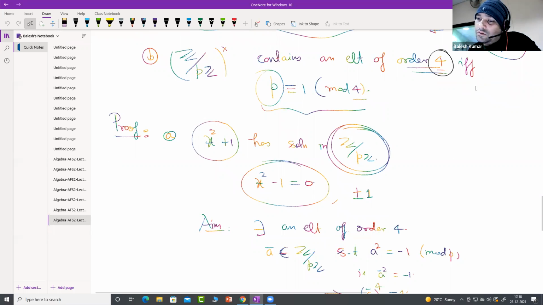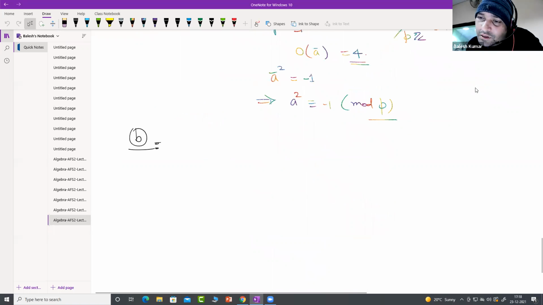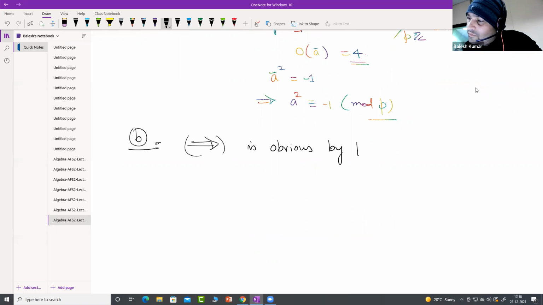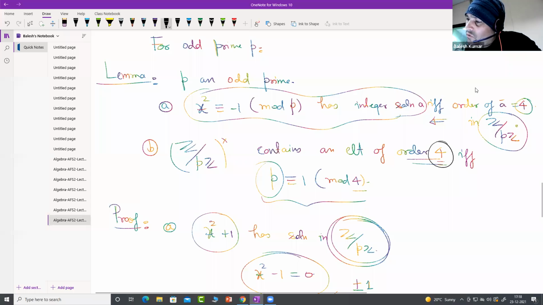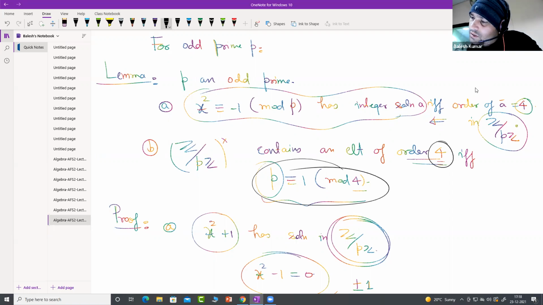So the direct part is obvious by Lagrange's theorem, because this part says that there exists an element of order 4, and Lagrange's theorem says that the order of an element divides the order of the group, and the order of the group is precisely p minus 1. So therefore 4 divides p minus 1, which is exactly equal to this thing.